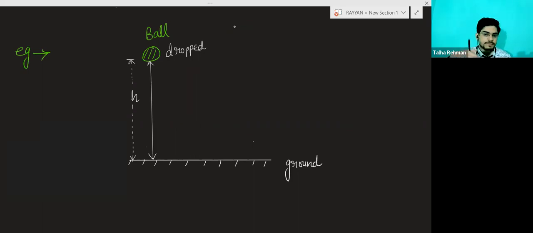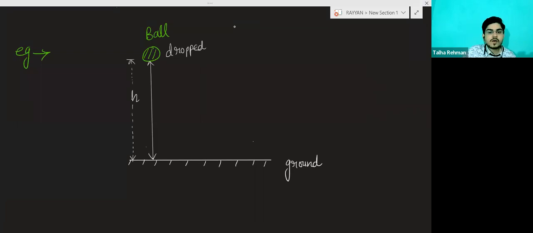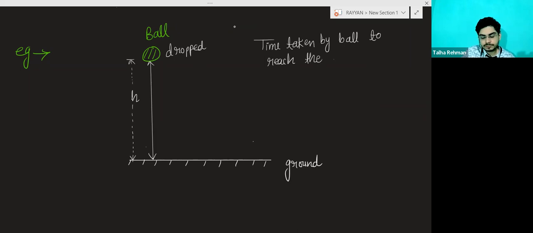If someone is asking, find the time taken by a ball to reach the ground.